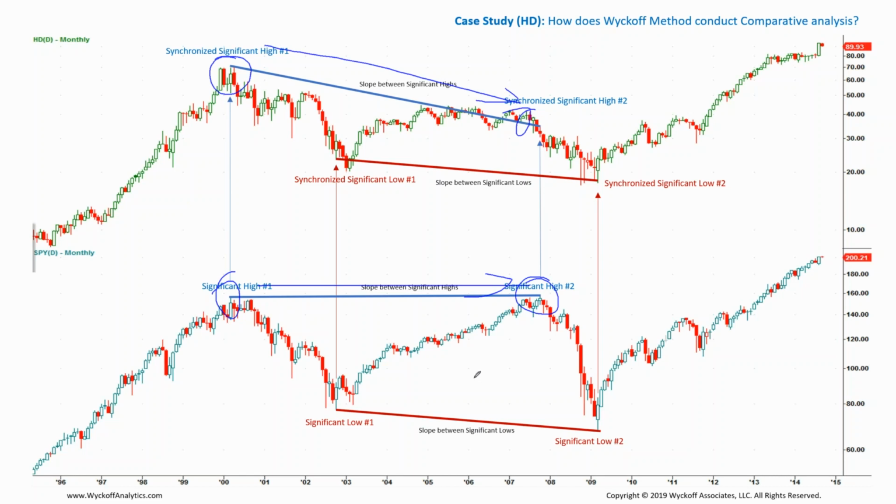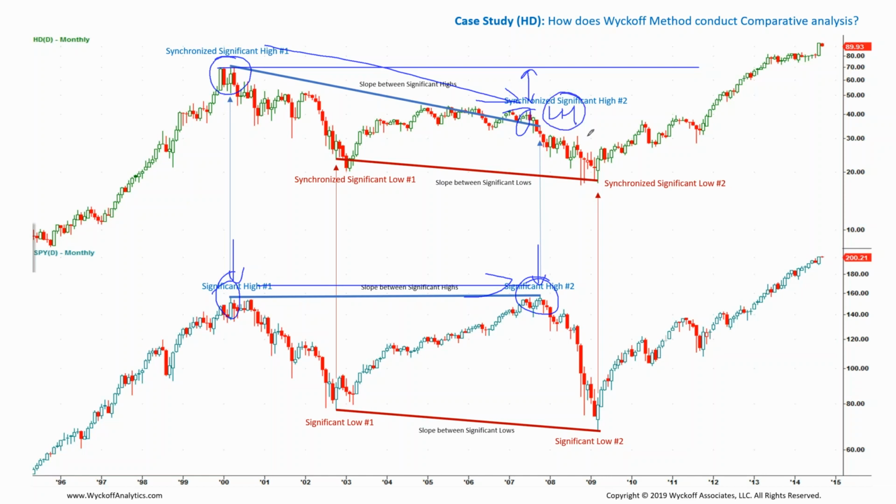And see if comparatively the price comes back to the same high. And here in this case, we're seeing that Home Depot did not come back to the same high. The market has, right? So from significant high number 1 to significant high number 2, the stock has not. It actually created a significant lower high.